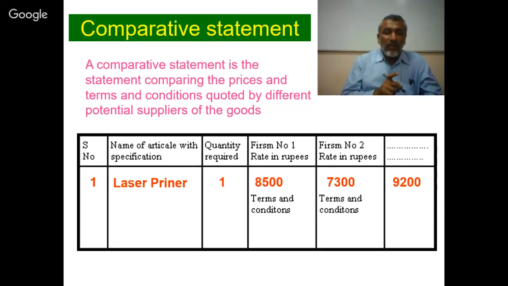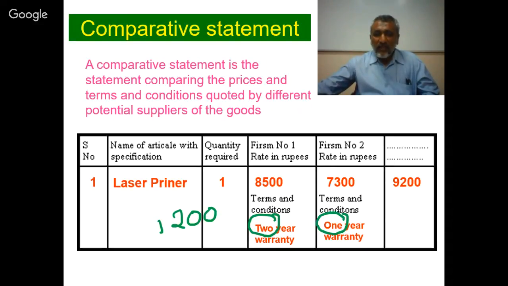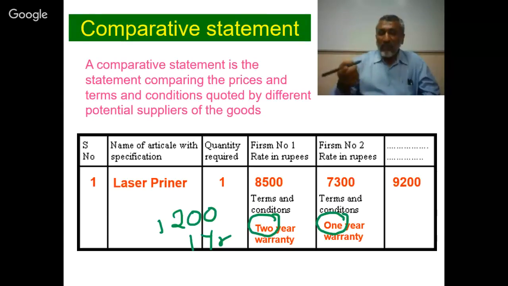But in addition to the price, we also have to look at the terms and conditions. This company has quoted 8,500. It's giving a 2 years warranty. This company which has quoted 7,200 is giving 1 year warranty. So that means there's a difference of 1,200 rupees here. But at the same time, there is a difference of the warranty of 1 year. Now we have to analyze whether this additional warranty of 1 year is worth 1,200 or less.